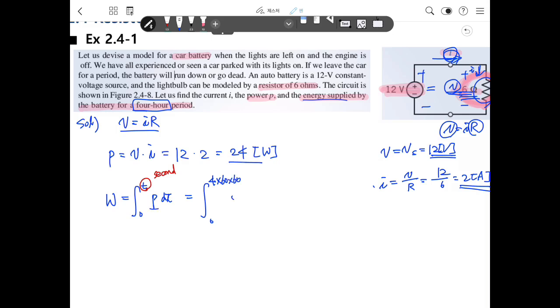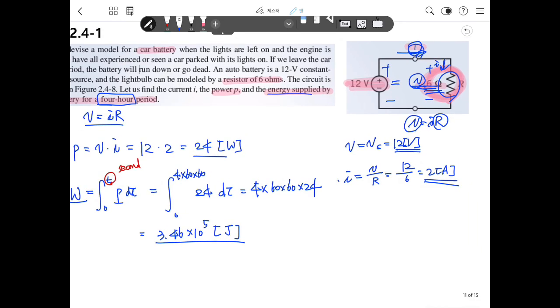P is 24, times tau, so that will be 4 times 60 times 60 times 24, which is about 3.46 megajoules. The unit is joule. So we can calculate the energy for 4 hours.